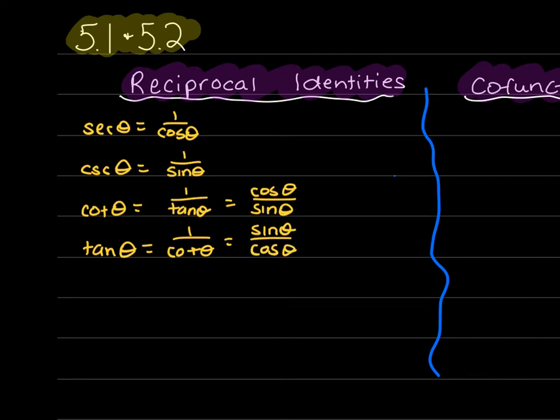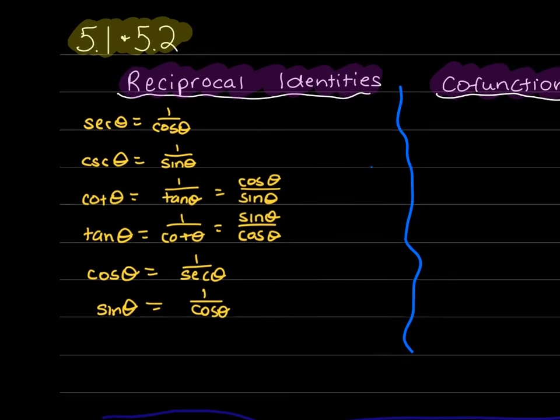And if you need to work in the reverse, you can say that cosine is the same thing as 1 over secant, and sine is 1 over cosecant. So however you need to work those through, you want to make sure that you are able to replace those.